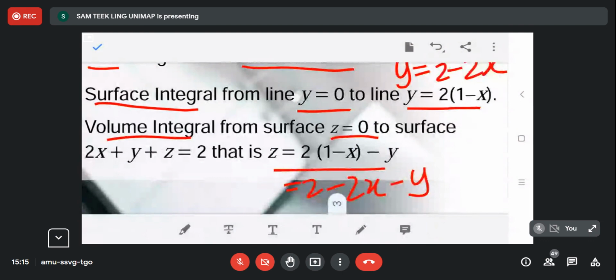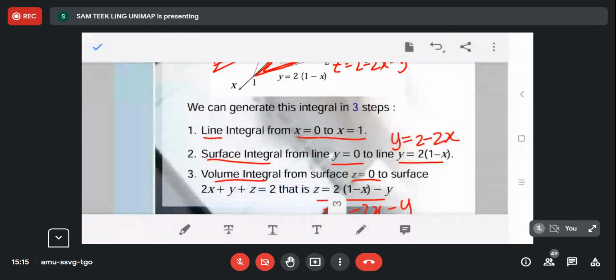So now you got all 3 limits, x, y, z. The x limit is 0 to 1. Then for the surface integral, the y limit is 0 to 2 minus 2x. And z is 0 to 2 minus 2x minus y.